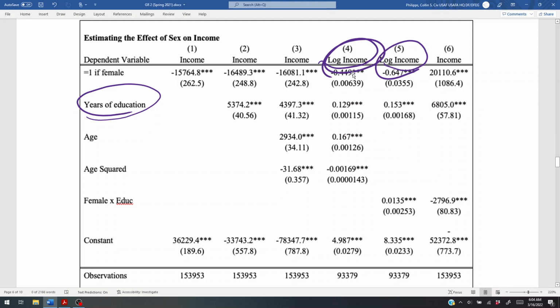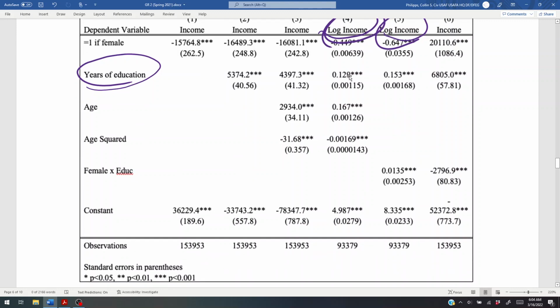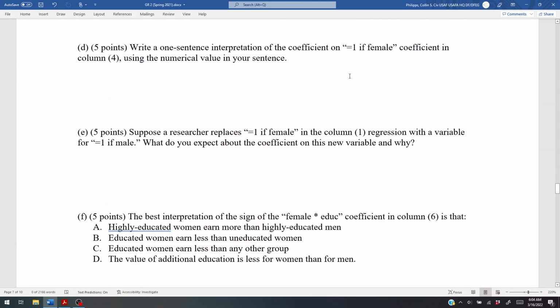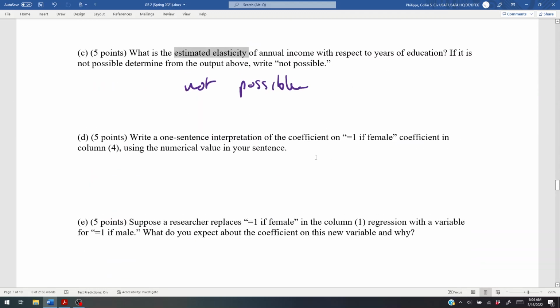So on average, and holding everything else constant, women earn 45% less than men. That's the interpretation for that number. That is an extreme estimate, okay? But that's what it says. On average, holding everything else constant, women earn 45% less than men.